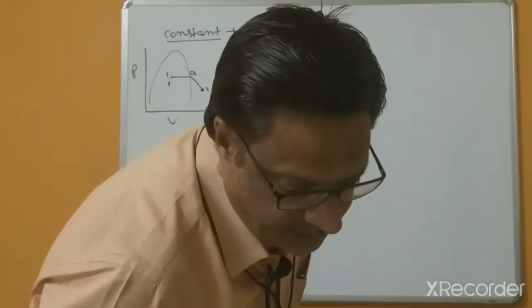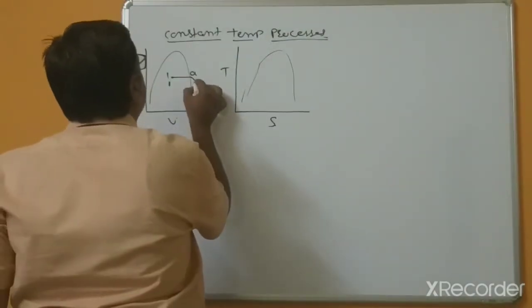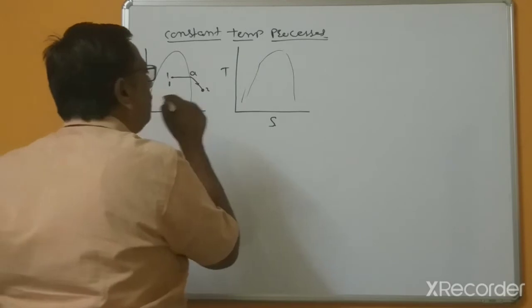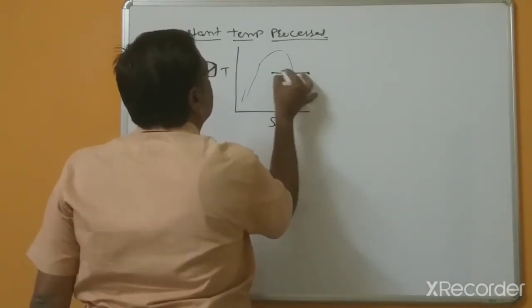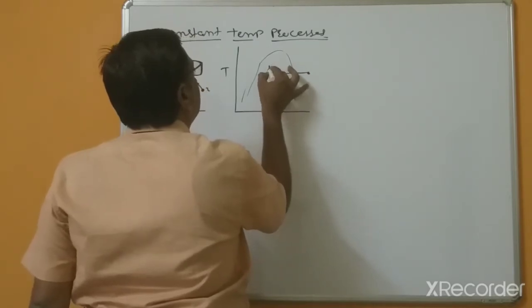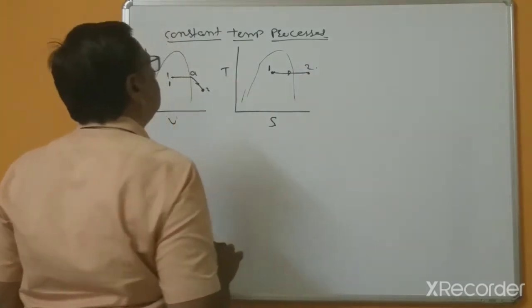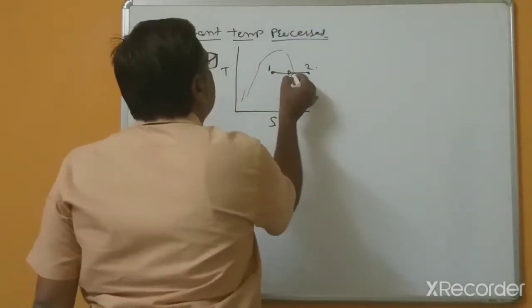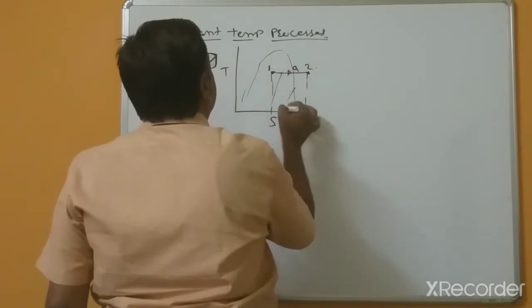So that's why this is isothermal. This is clear, and this is point A, and this is entropy.